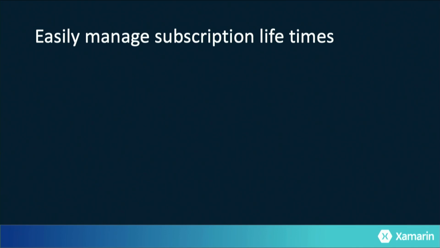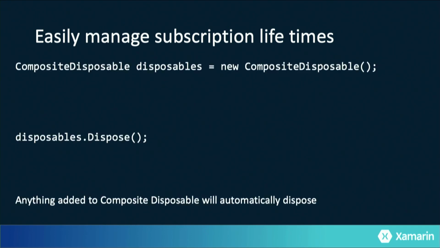ReactiveX has a lot of these things. I kind of wish they would just pull them into the .NET framework, but for now, in ReactiveX, you have things like composite disposable. The idea there is you can aggregate all your disposables into a single data structure, and then you can just dispose of it once the lifetime of the containing class is gone, and now all your event management is taken care of.